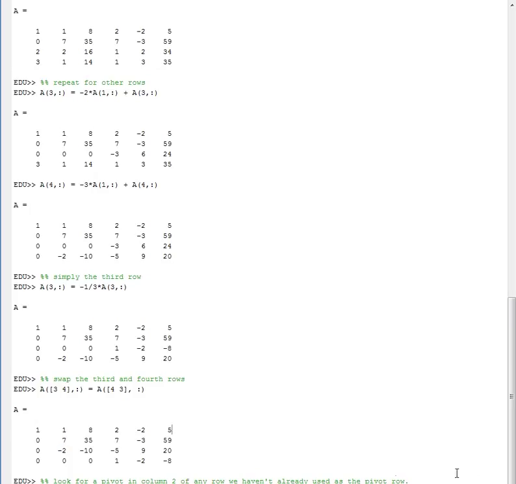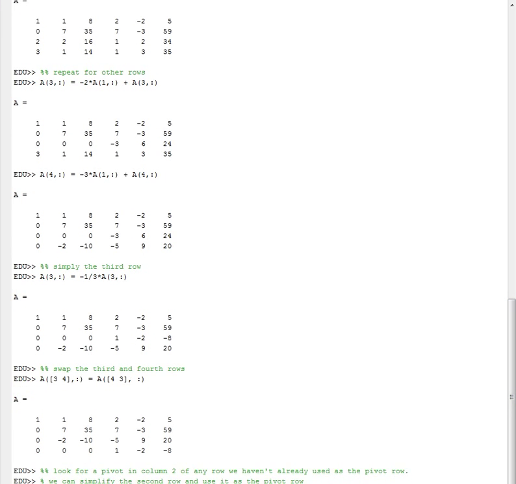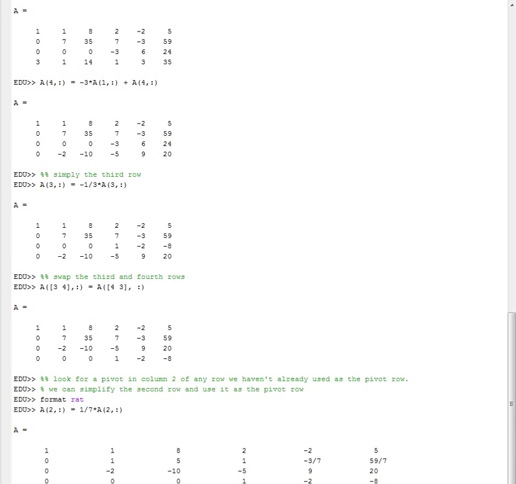Let's divide the second row by 7. So in Matlab, I'm using this command to change the format, and that's so the numbers will show up in a better format when I do the division. I don't want decimals showing up in my matrix.